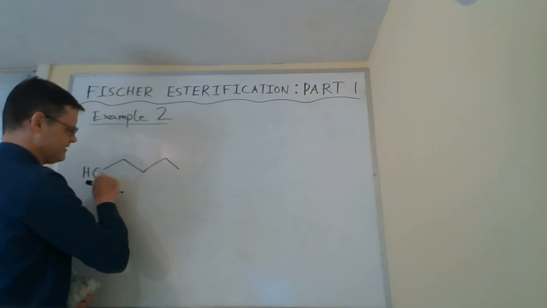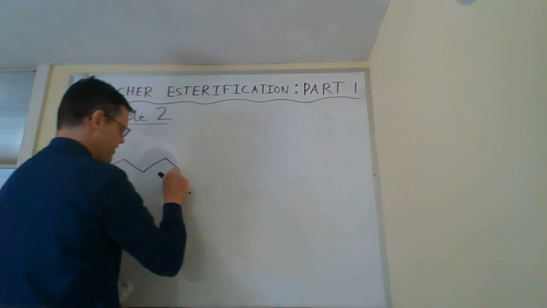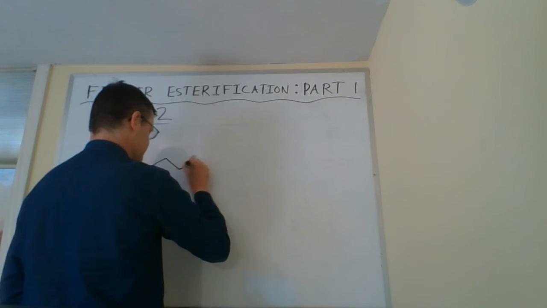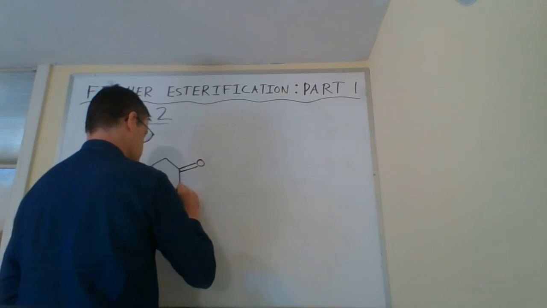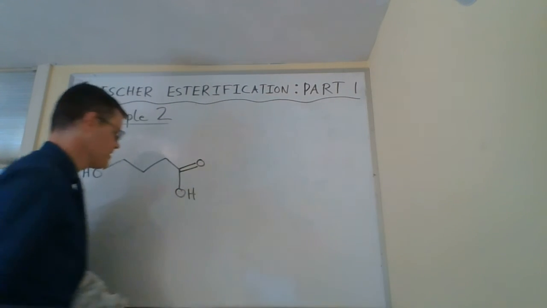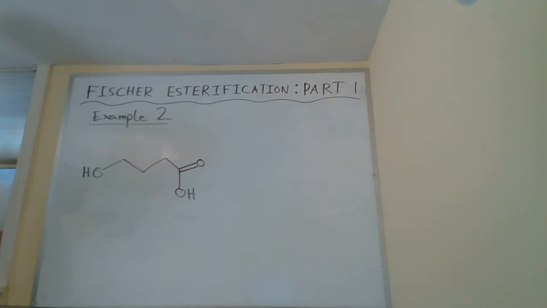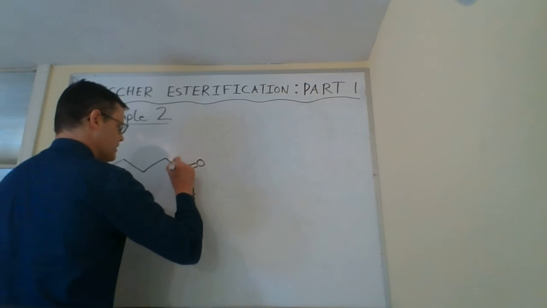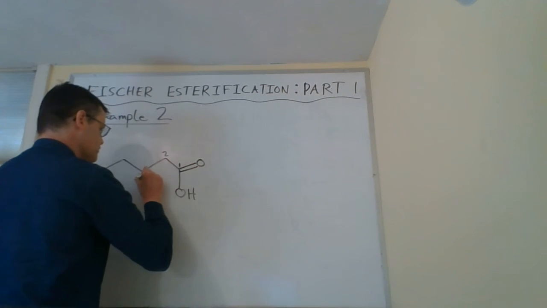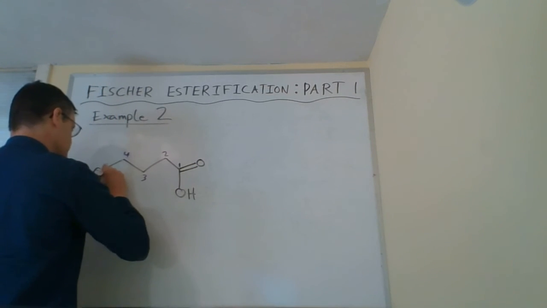Got to be careful here: 1, 2, 3, 4, 5. What's tricky about this example is I have placed the carboxylic acid and the alcohol in the same molecule. Here it's good to count what's going on: 1, 2, 3, 4, 5.